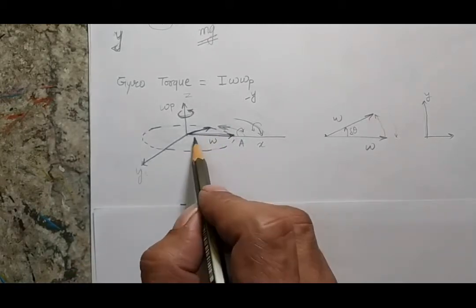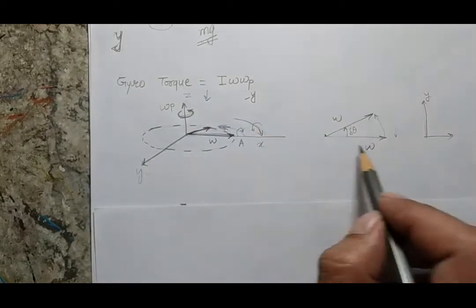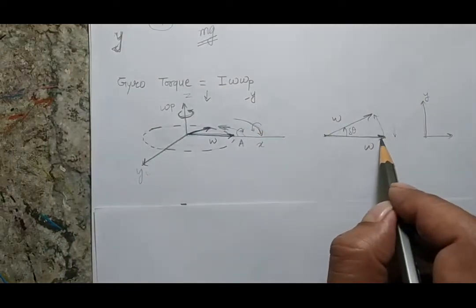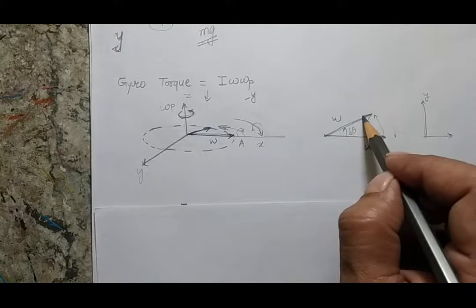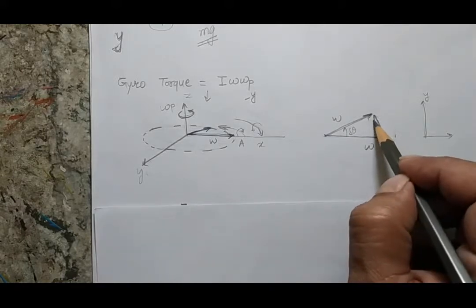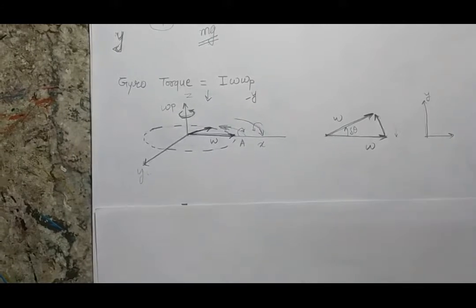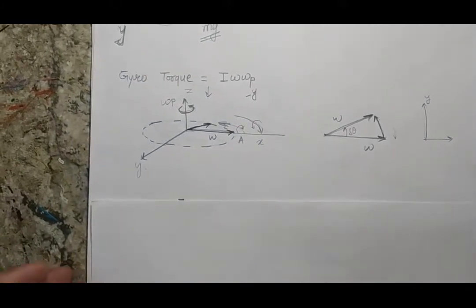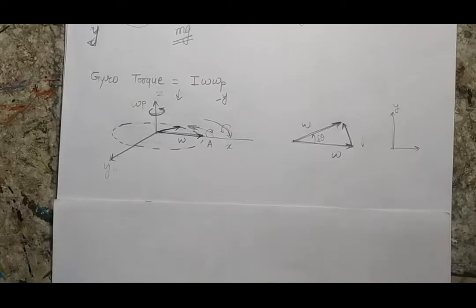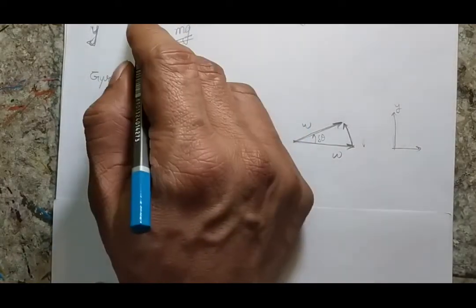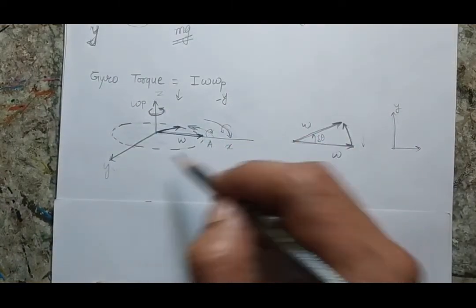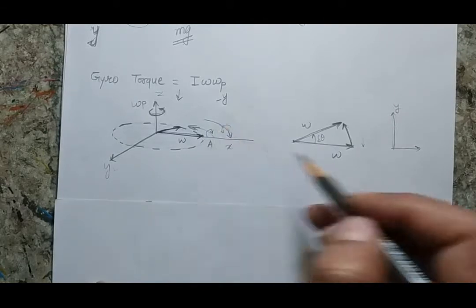So let's see the top view of this. From the top view we can see this is the initial omega vector and this is the final omega vector. This is my active torque which tries to rotate this rotor in the xy plane and towards the minus y direction.